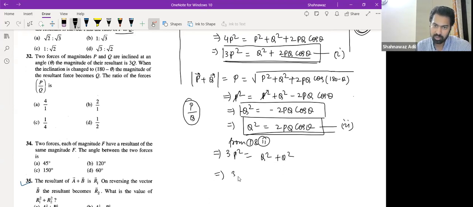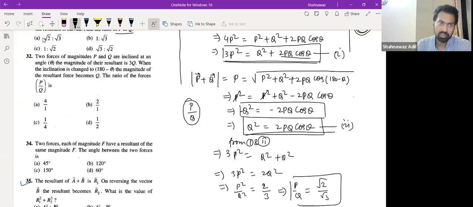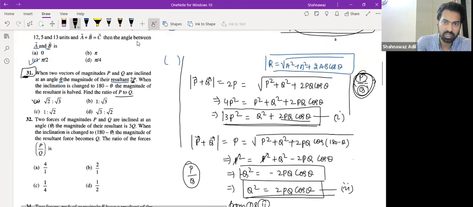So this would be 3P square equals 2Q square. So P square by Q square is 2 by 3. So P by Q is root 2 by root 3. So which is the answer? This one. Is that understood, guys?